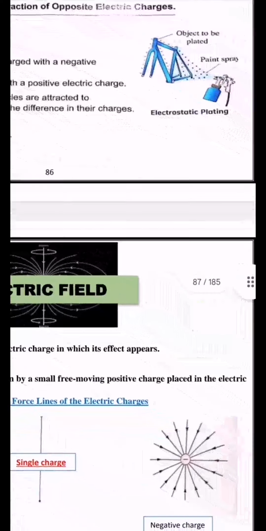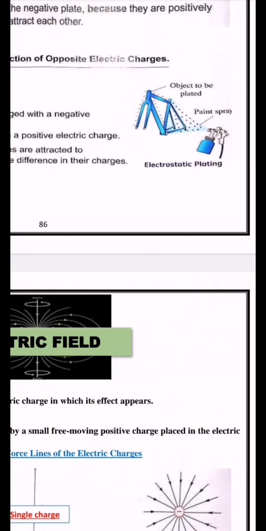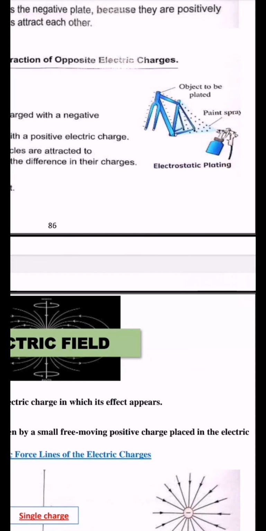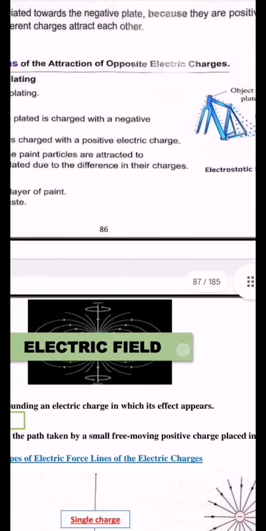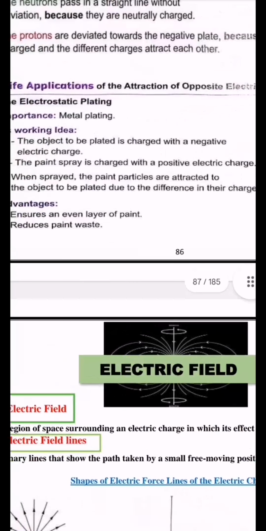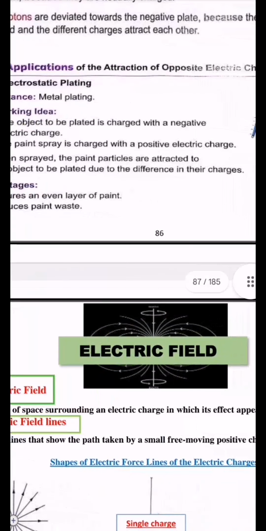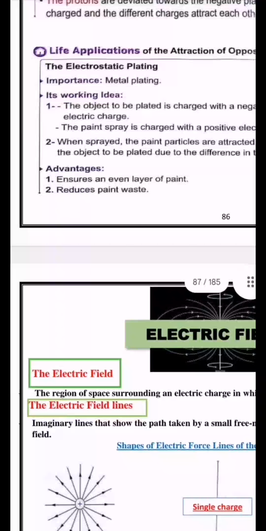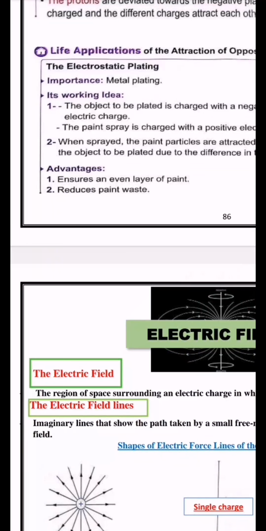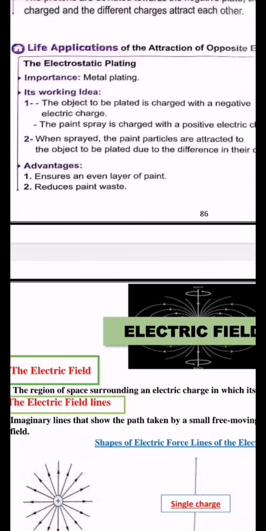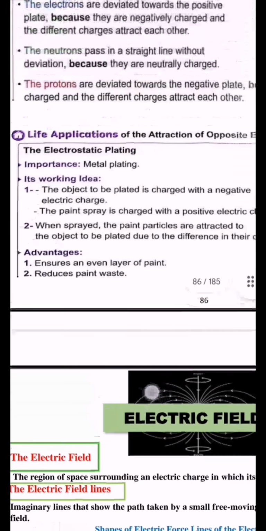The paint will be attracted to the object because the paint has positive charge and the object has negative charge. The paint particles are attracted to the object to be plated due to the difference in their charge. The advantages of this process: number one, ensures an even layer of paint. Number two, reduces paint waste.